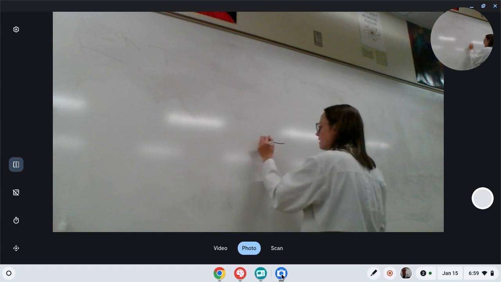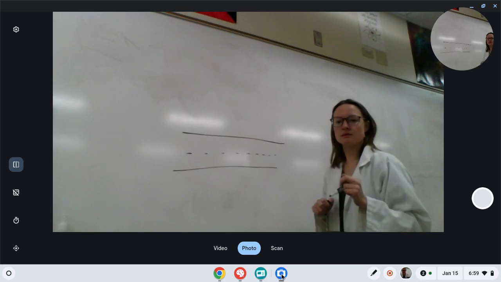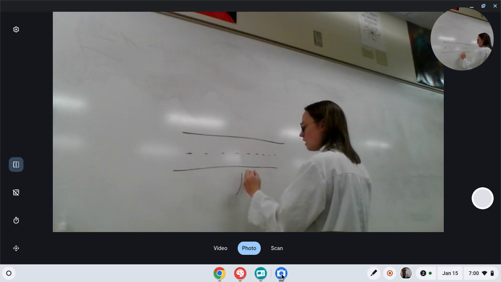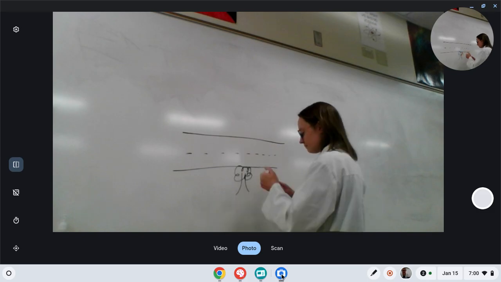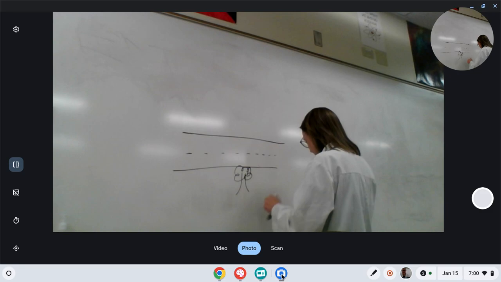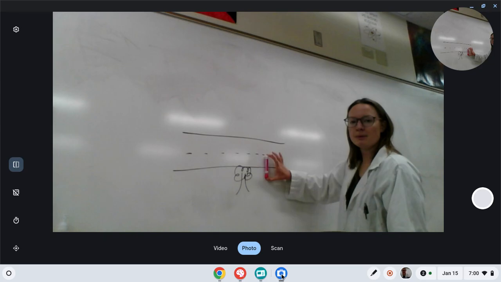Here's my road. And right here, off to the side of the road, is a tree. Suppose that you had a little car that was making its way down the road, beep, beep, beep, going down the road.